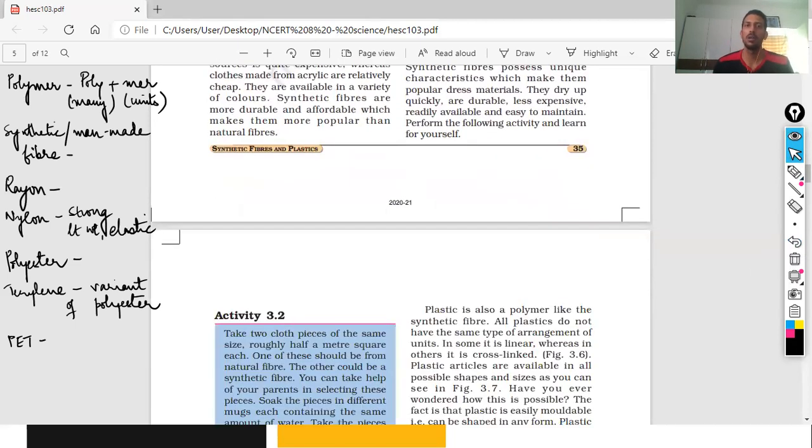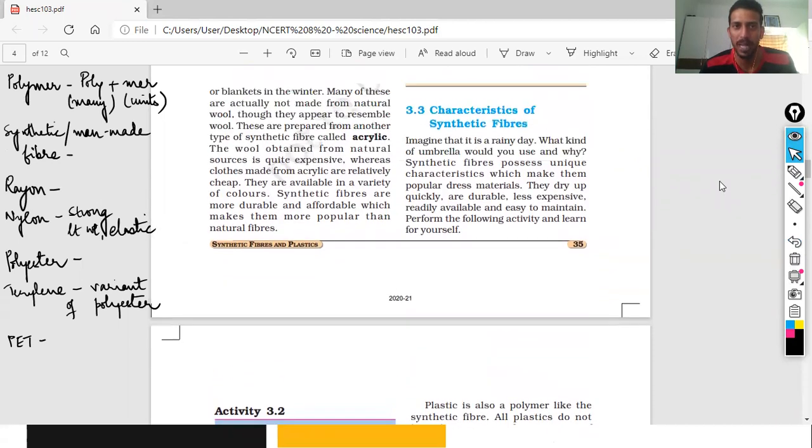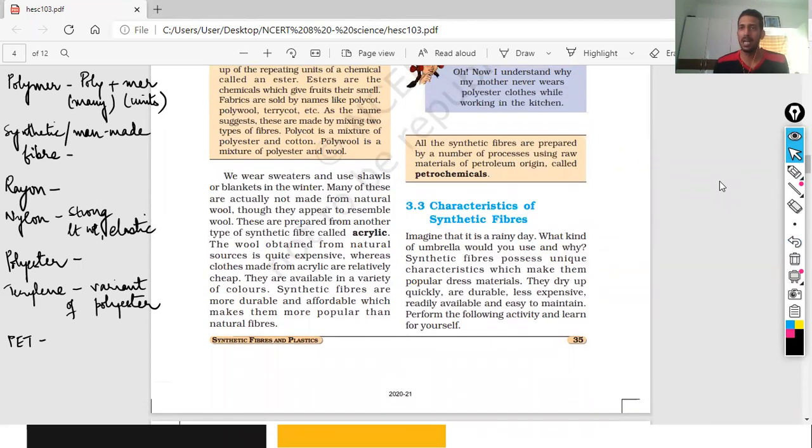But if you go to a place which is trying to sell things at a lower price, or probably to a mela or to these huge winter sales, you would notice that there are a lot of sweaters. Almost 90% of these sweaters are made with a mix of polyester too. The reason is that they're strong, and they are less expensive.